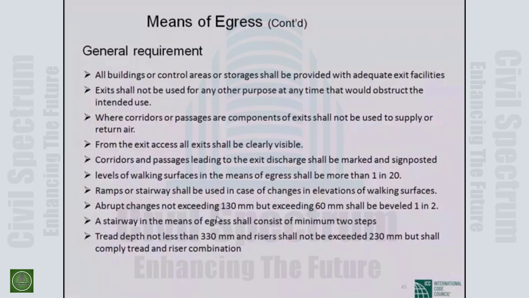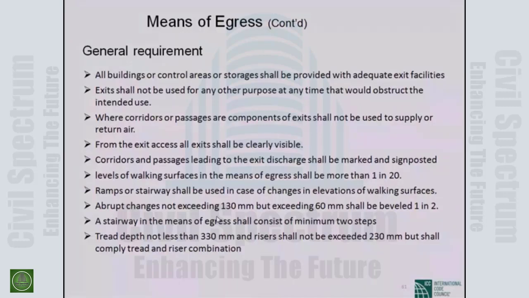Corridors and passageways leading to the next exit discharge shall be marked and signposted. Levels of walking surface in the means of egress shall be 1:20. Ramps or stairways shall be used in case of change in elevation of walking surface.